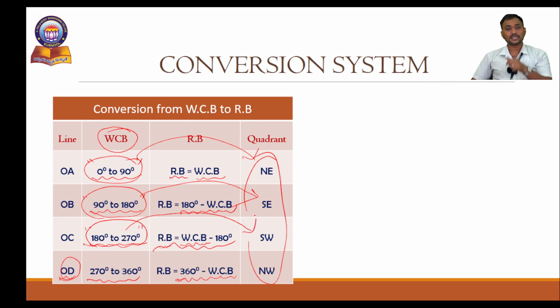And last, if the bearing value is in between 270 degrees to 360 degrees, it is in the northwest direction. So this is the way we have to convert the whole circle bearing value into the reduced bearing.